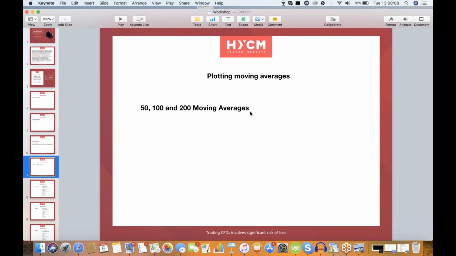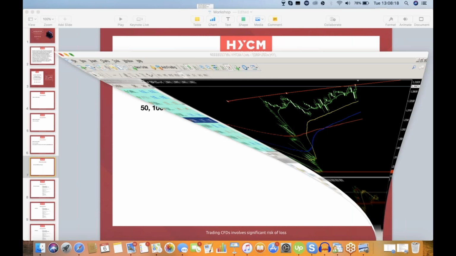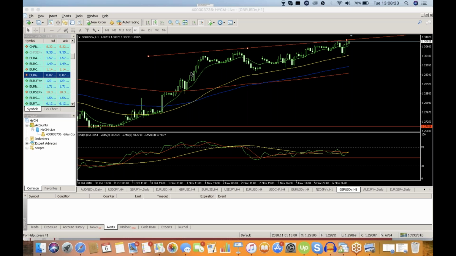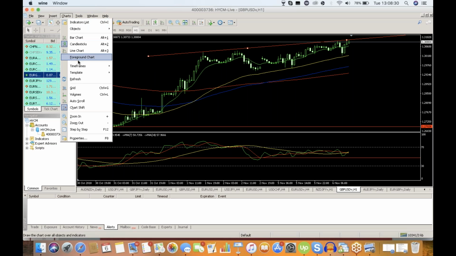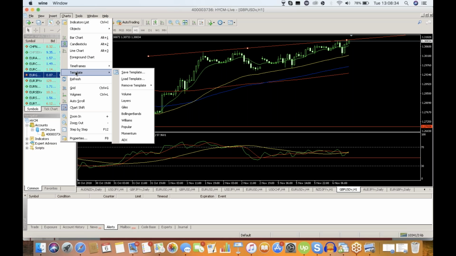Okay, we're going to go now to plotting moving averages. So if you can have your demo account open, I'll show you how we go about doing it. So here is a chart of the pound US dollar. What we're going to do is go to charts, and now let me show you where this is.